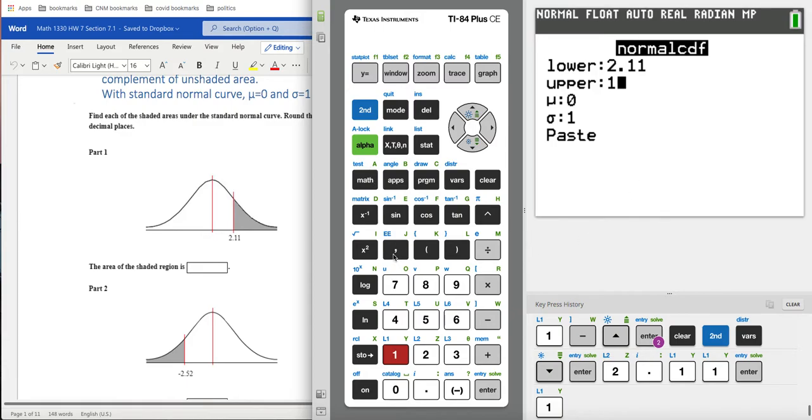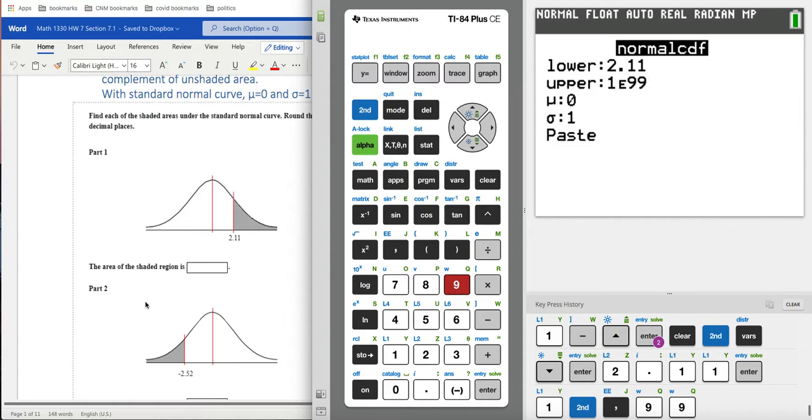A lot of students don't know this EE button, so you'll do second and the comma for the EE. They also sometimes get confused because the function is EE, but only one E shows up there, so assure them that they've done the right thing. It's just an E. They don't need to put it in twice. 1E99, just type the 99.